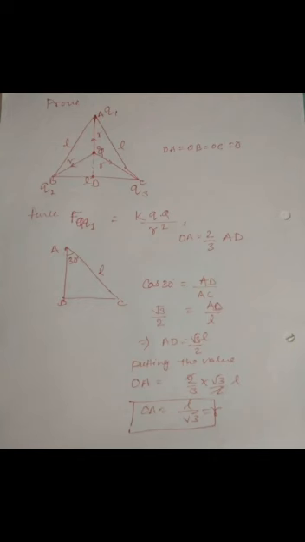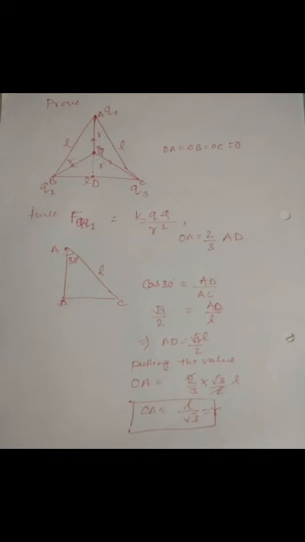Now by Coulomb's law, the force on capital Q because of q1 will be k into q1 q2, where q1 is small q and q2 is capital Q, upon the distance between the charges, r, that is r square.